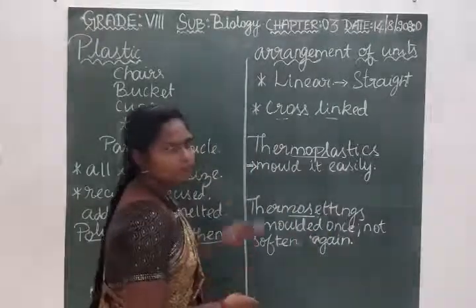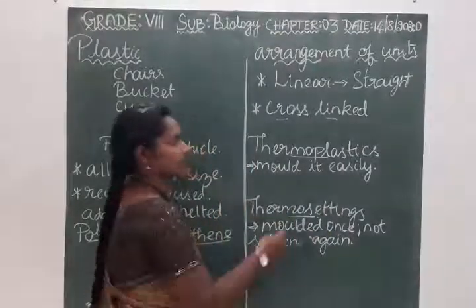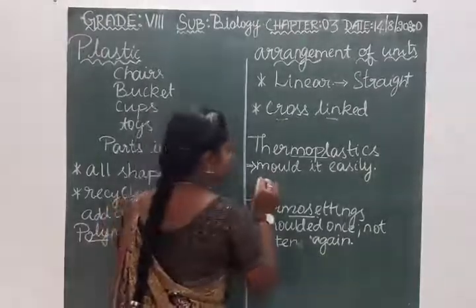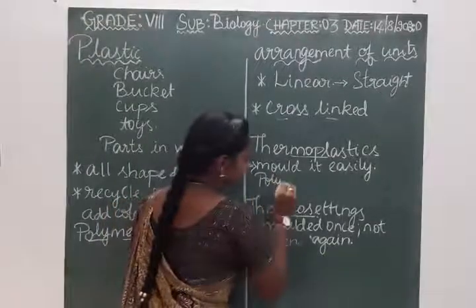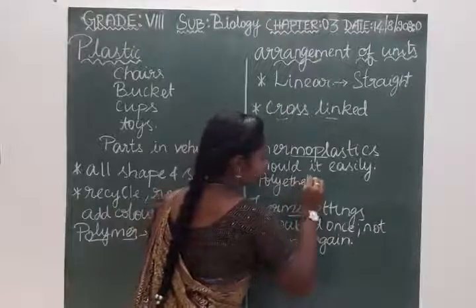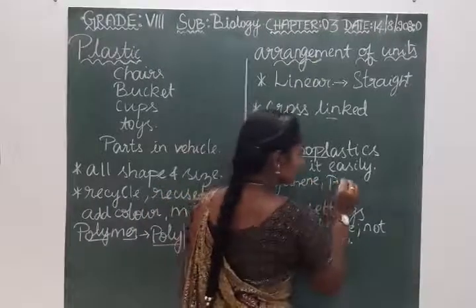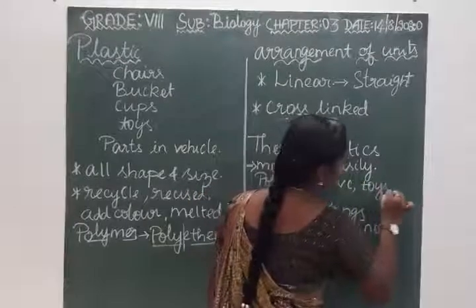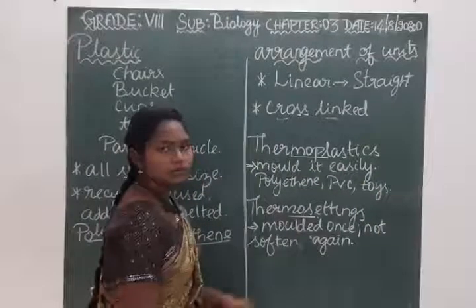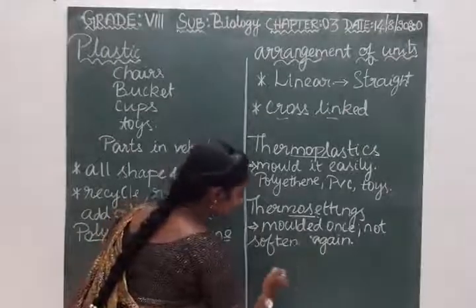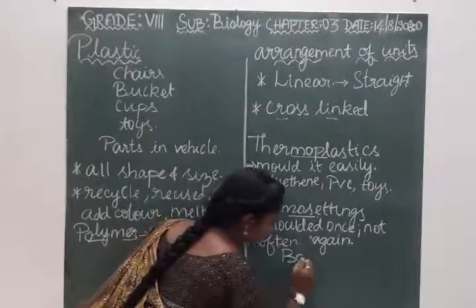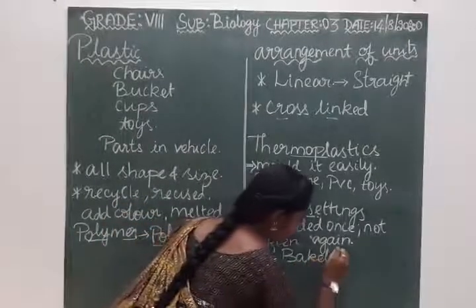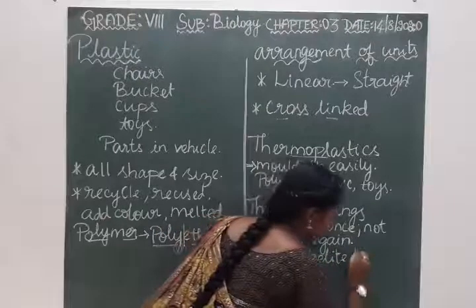So the examples for thermoplastics and thermosettings. For thermoplastic, it is polythene, PVC (you know PVC pipes, right?) and some toys. For thermosettings, the examples are bakelite and melamine.